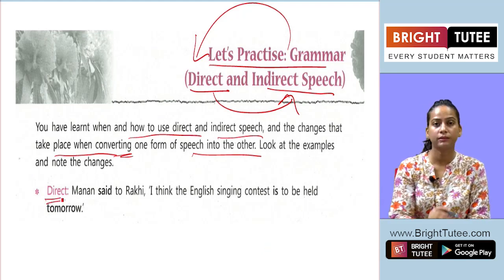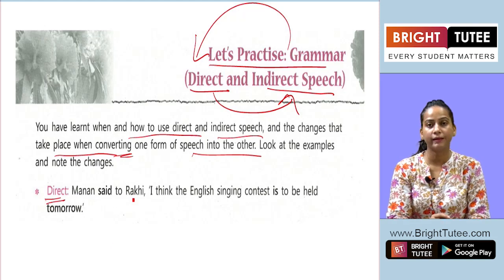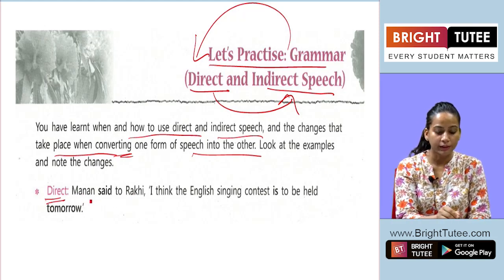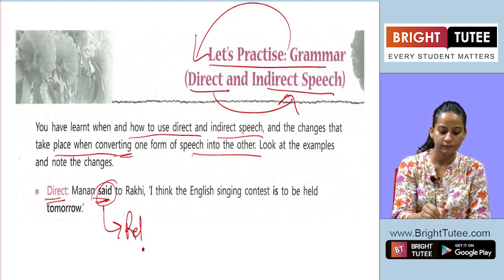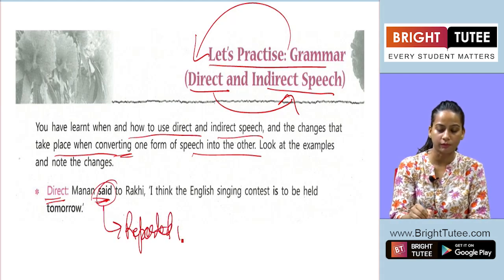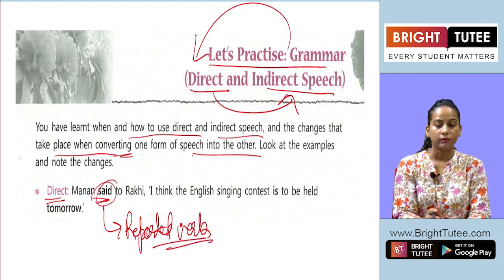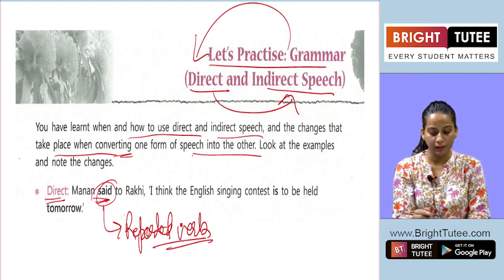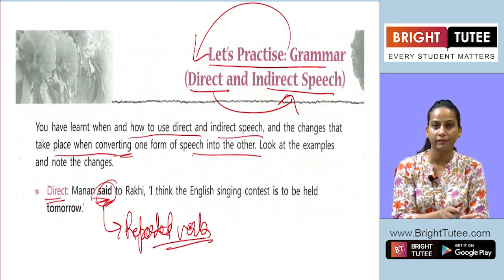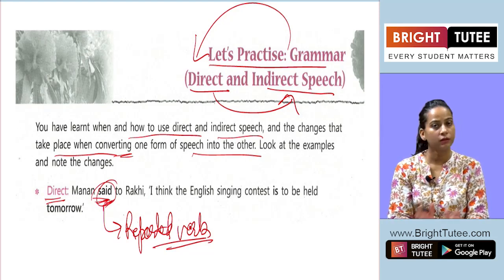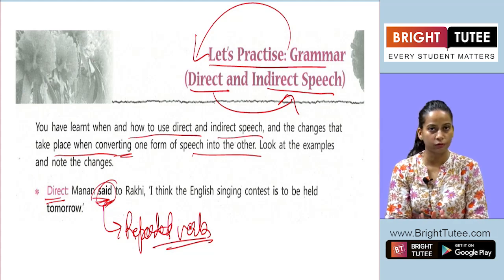The direct sentence is here. Manan said to Rakhi. So here this said is going to be the reporting verb. Clear? The verb before the statement is taken as the reporting verb. Sometimes it is given as said, told, asked, so it may vary according to the sentence.